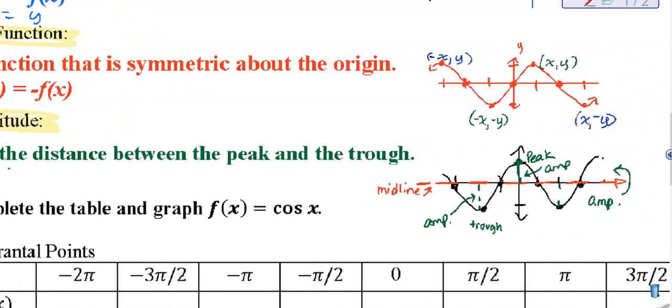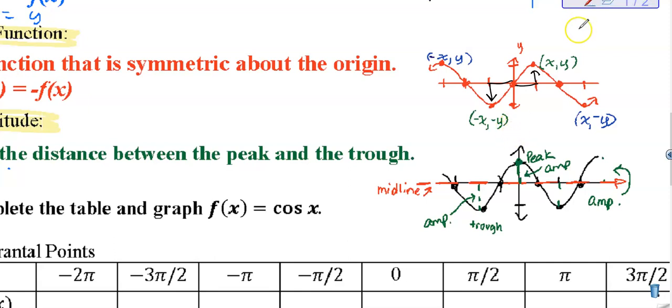So if you look over here at my picture, these green points are symmetric about the origin. You'll notice here, I'm going to grab my pen real quick. This is a positive x value, yes? And it produced a positive y value. And over here, I went negative x value, and it produced in quadrant 3 a negative y value.